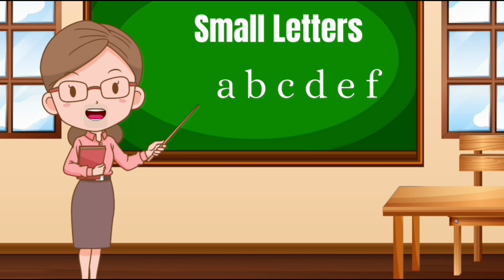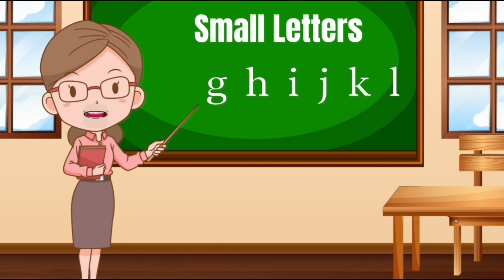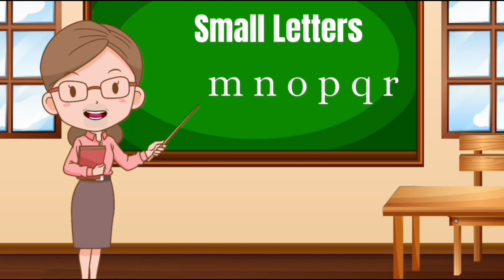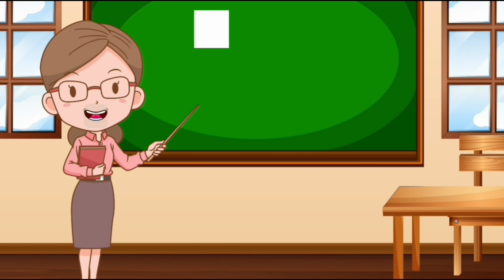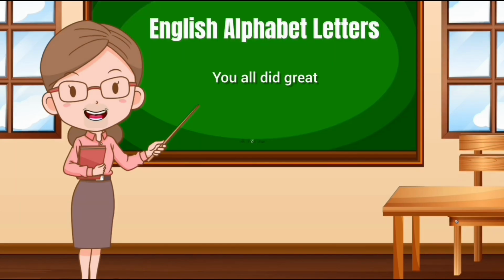Small letters: a, b, c, d, e, f, g, h, i, j, k, l, m, n, o, p, q, r, s, t, u, v, w, x, y, z. I am excited. You all did great.